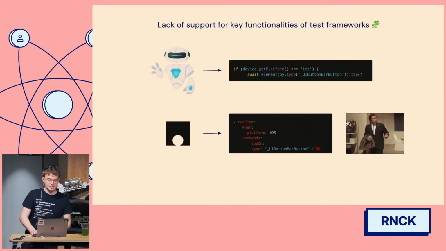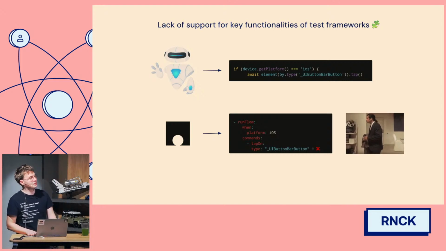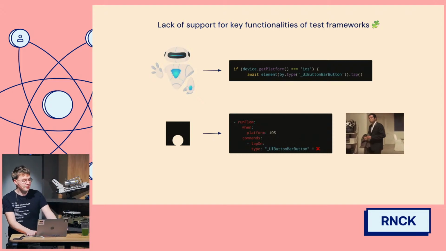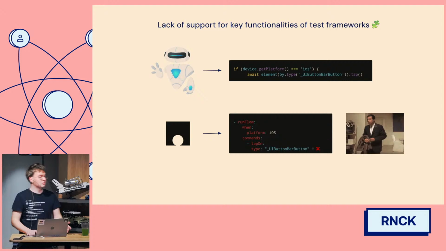Also, on Detox, you can, for example, tap on some elements given by their type. Here, for example, we are trying to tap the back button on iOS. Unfortunately, on Maestro, you also don't have such a thing.